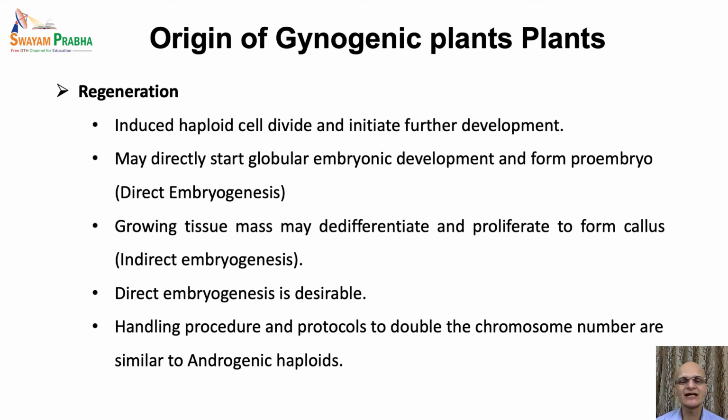After the embryogenesis or organogenesis, the handling procedures for the shoots, excision of shoots, transfer of these excised shoots onto the rooting media, or the protocol to double the chromosome number of the haploids to produce the double haploids are similar to what we studied earlier in the androgenic haploids. For more details on this procedure, refer to the first lecture.